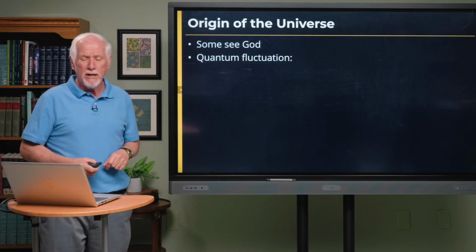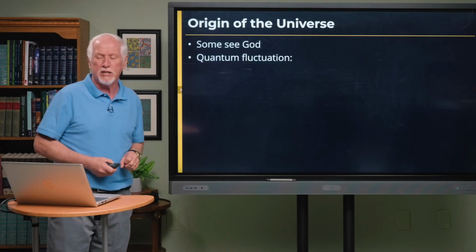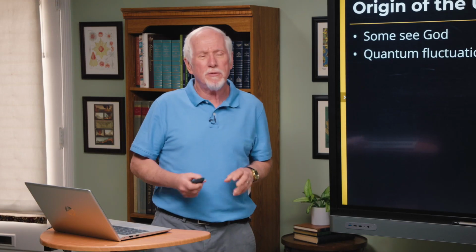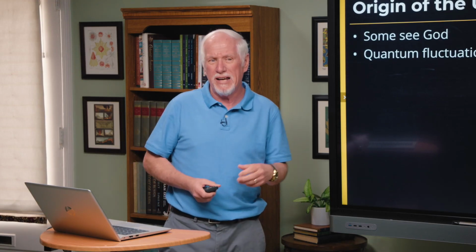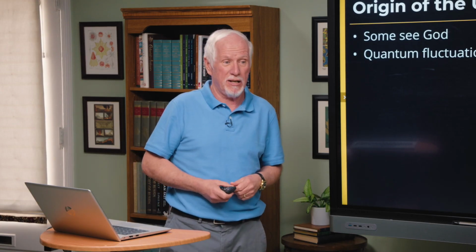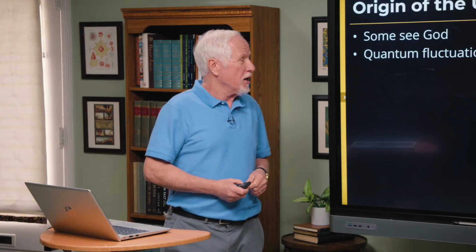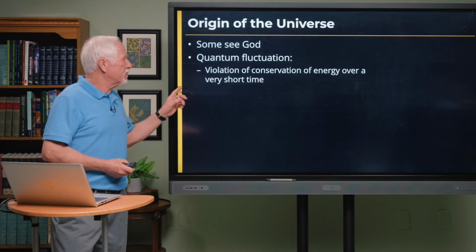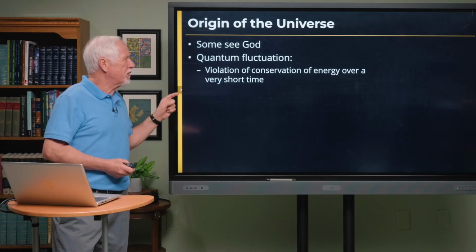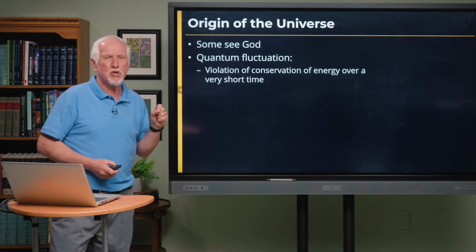We have what's called a quantum fluctuation that takes place. With quantum fluctuations, which have been invoked to explain certain things we see, like even in modern electronics, the idea is that you can have small violations of the conservation of energy, but only for a short length of time.